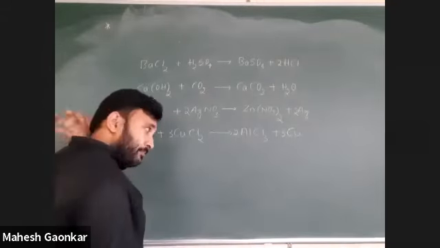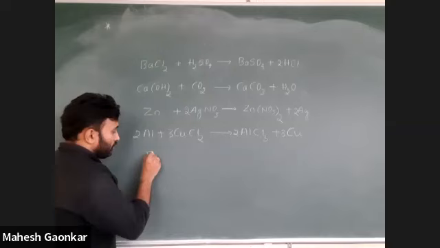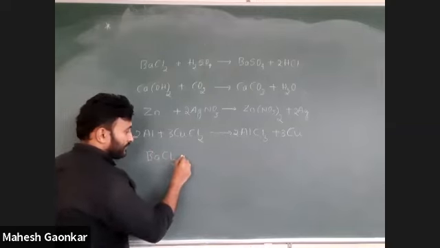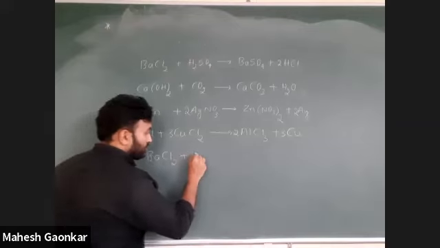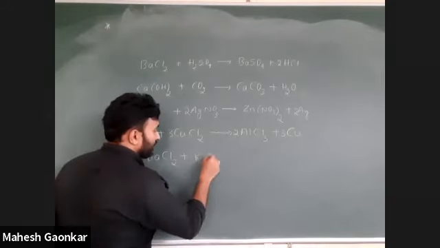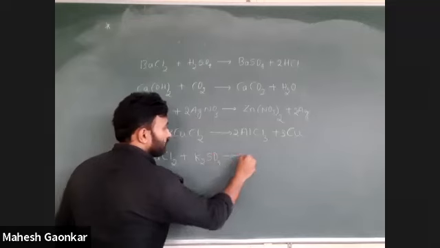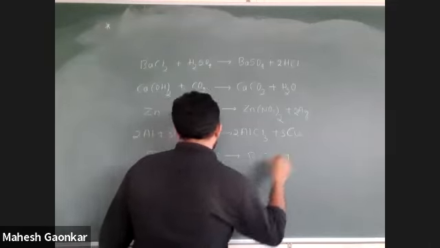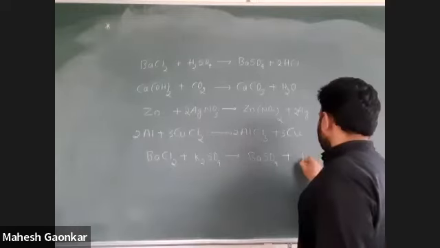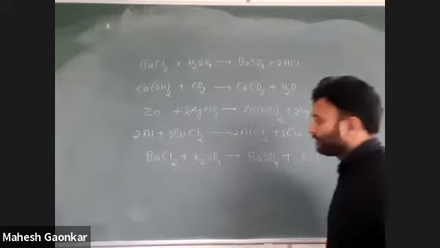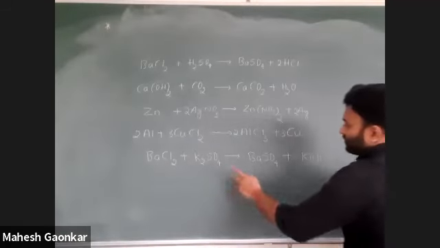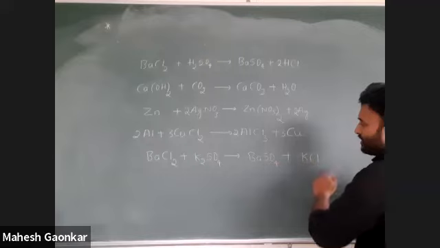Fantastic. Next one. Barium chloride plus potassium sulfate, K2SO4. This will give barium sulfate, BaSO4, plus KCl, potassium chloride. Double displacement reaction. Barium chloride plus K2SO4 gives barium sulfate plus KCl.